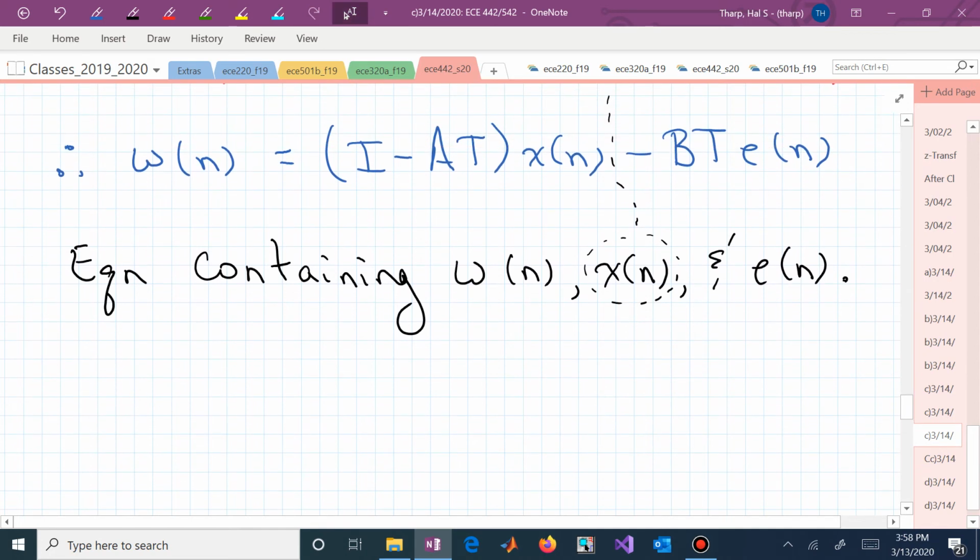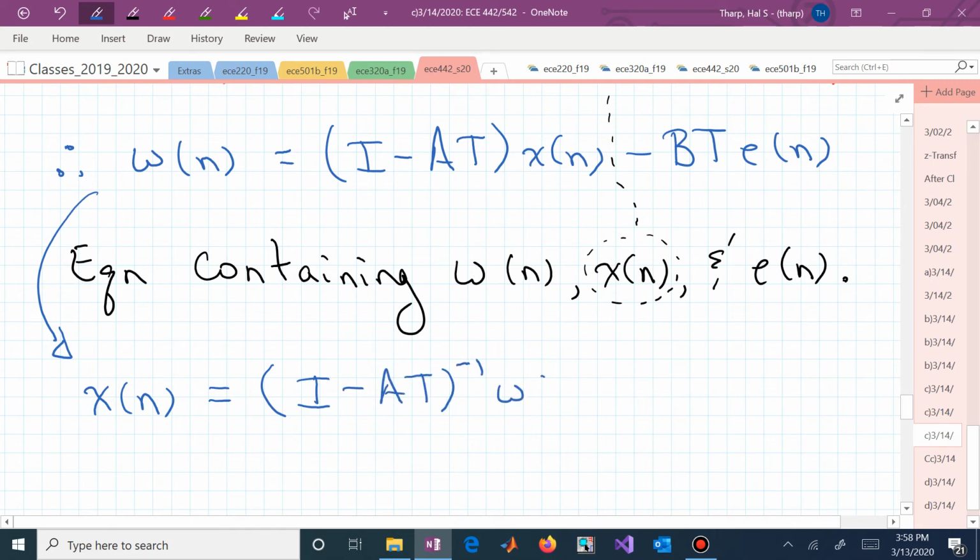Or suppose we now solve this for x of n. x of n is now equal to, let's multiply everything on the left by the inverse of the matrix that's scaling x of n. So x of n is now (I minus AT) inverse w of n.